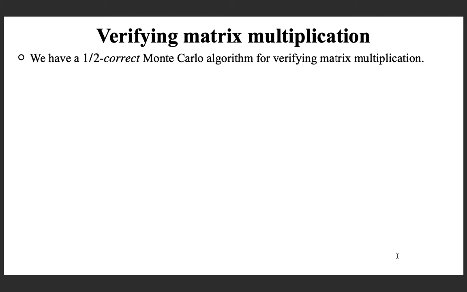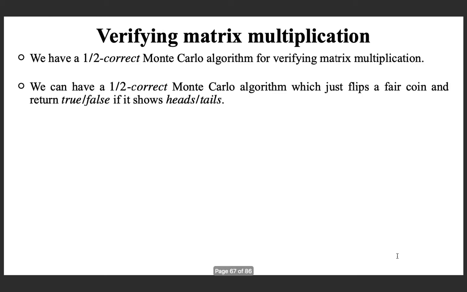Then the question is, why should you go for a procedure like that? It is an order of n square procedure. For getting a half correct algorithm, you don't have to do anything. What you do is, you just flip a fair coin, and if you get heads, you return true, otherwise you return false. Even if you do that, this is an order of 1 algorithm.